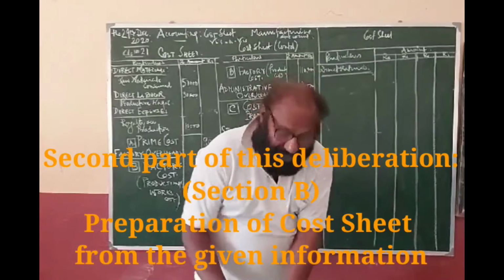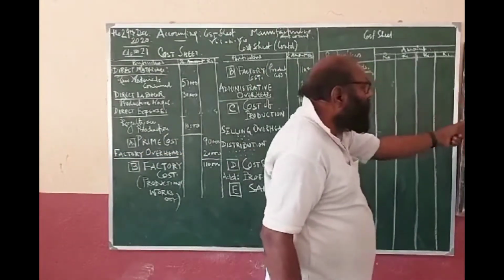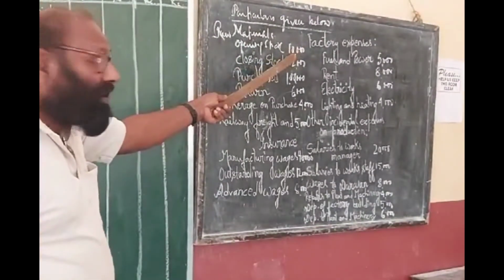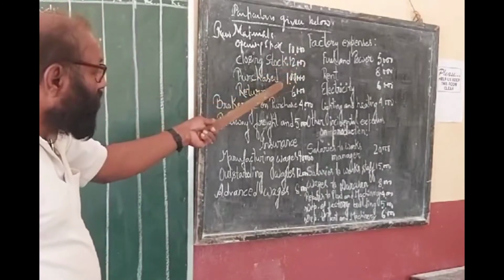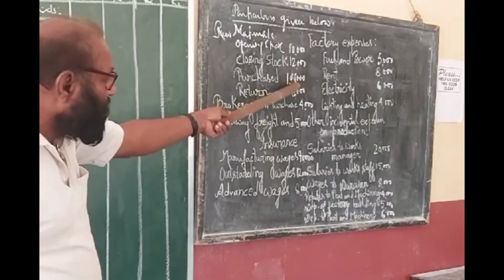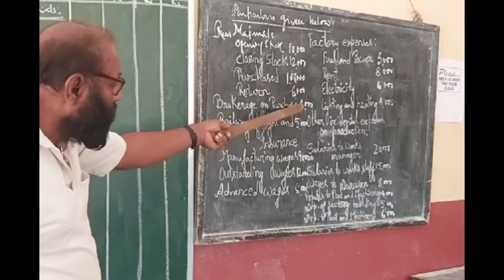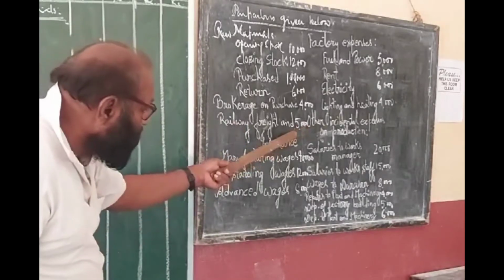Now how to find out? Here there is a good amount of information from where you have to find out. The raw material opening stock 10,000, closing stock 12,000, purchase during the year 1 lakh, return 6,000, brokerage on purchase 4,000, and railway freight and others 5,000.